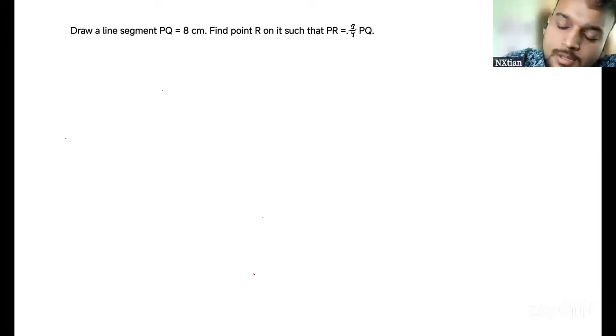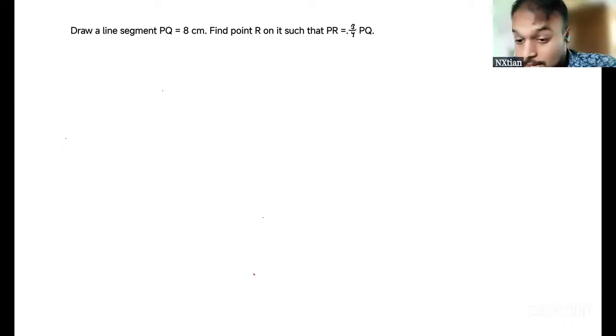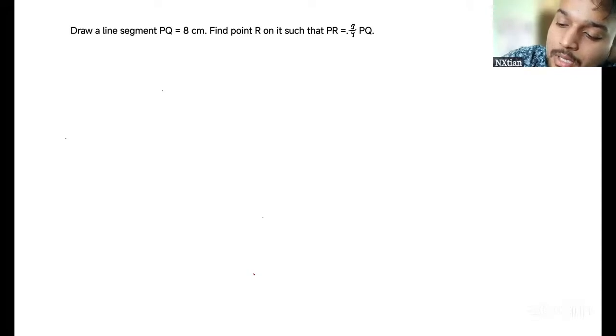Okay. So now this is the question. Draw a line segment PQ in which R is a point and PR is equal to 3 by 4 PQ. So first of all, we have to draw the diagram. For example, this is the length PQ and this is 8 centimeter long.